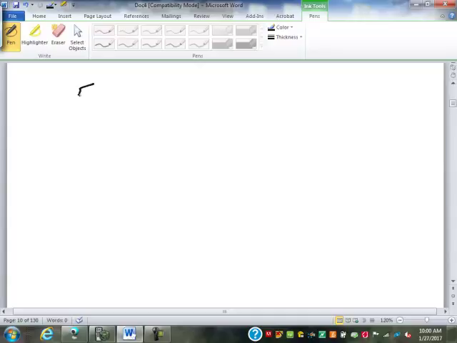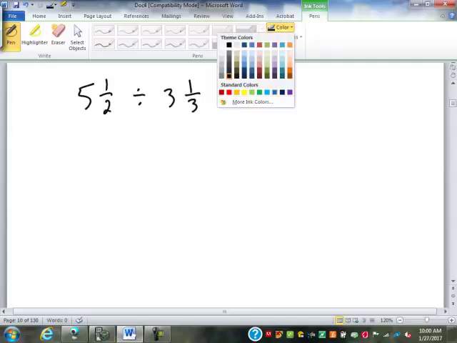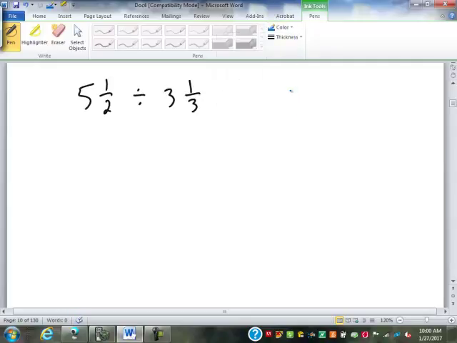Let's jump up to doing like 5 1/2 divided by 3 1/3. Now for mixed numbers, since we're going to change it into multiplication, it makes sense that we do the same thing we do with multiplication. Make them into improper. 5 1/2 becomes 11 halves, 11/2. 3 1/3, 10/3.